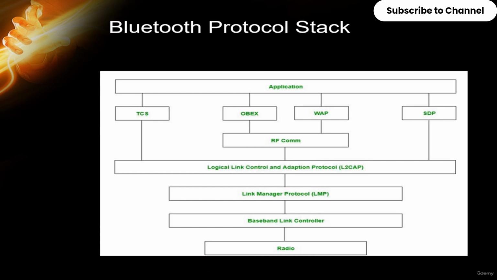Then the next is L2CAP, the logical link control and adaptation protocol. It permits communication between the Bluetooth protocol stack's upper layers and lower layers. It formats the data packets received from higher layers into the format for the lower layers, and it also carries out multiplexing and segmentation for the lower layers.